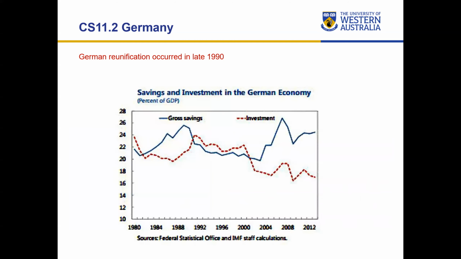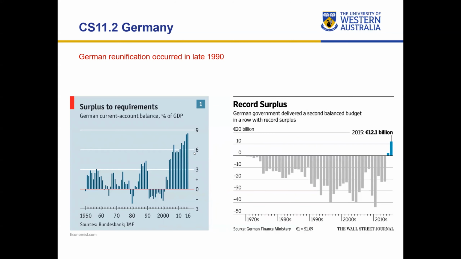Okay, going back to this diagram, the next interesting feature of Germany's current account is this massive swing from current account deficit in 1999 to massive current account surpluses from 2000 onwards. So how do you explain that?